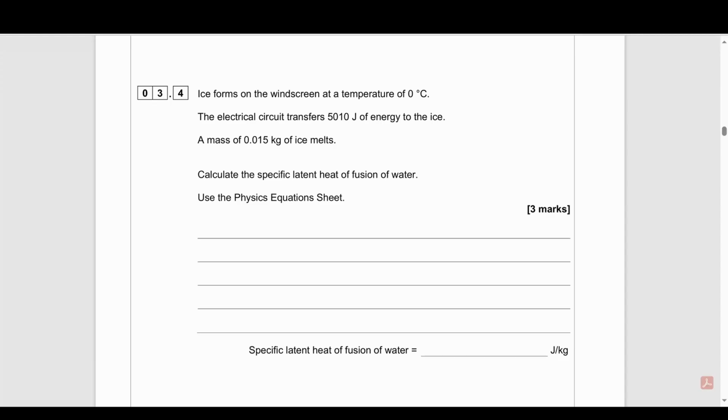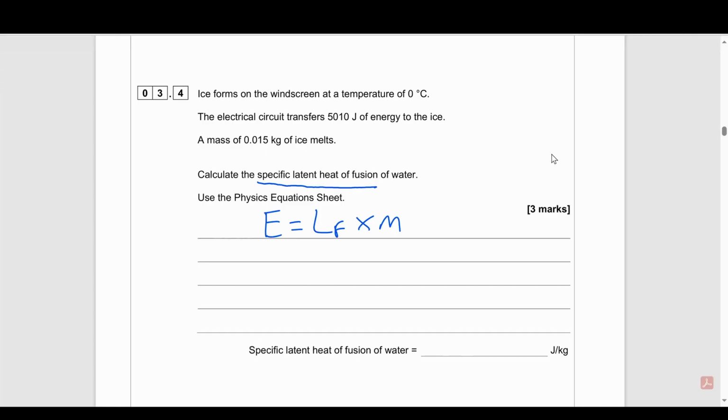So finding the correct equation right now, that includes specific latent heat of fusion. So that will be energy is equal to specific latent heat of fusion multiplied by mass.